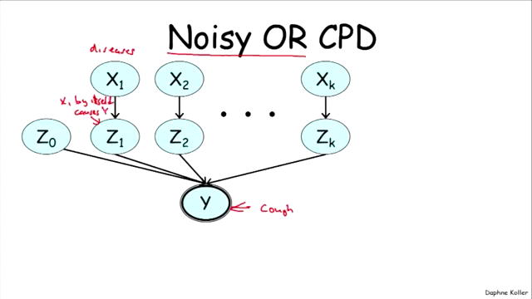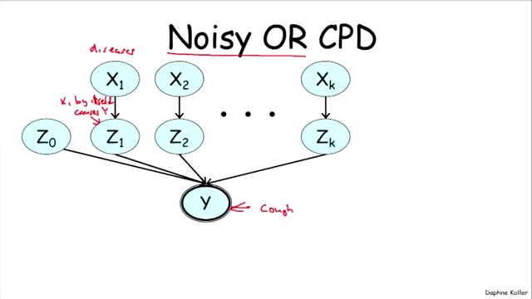You can think of each of these as a noisy transmitter. If you have the disease, say if x1 is true, then z1 sort of says, fine, x1 succeeded in its intent to make y true. x2 has its own little filter called z2, and z2 makes that same decision relative to x2.